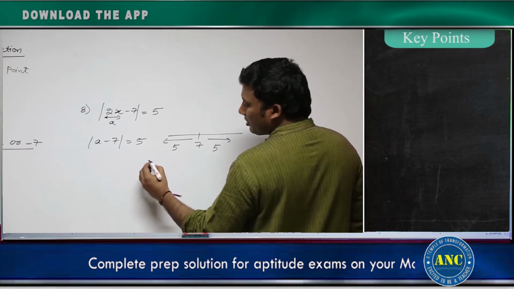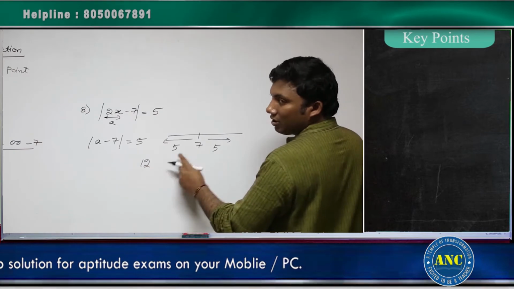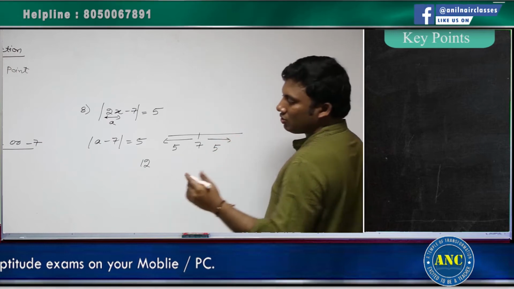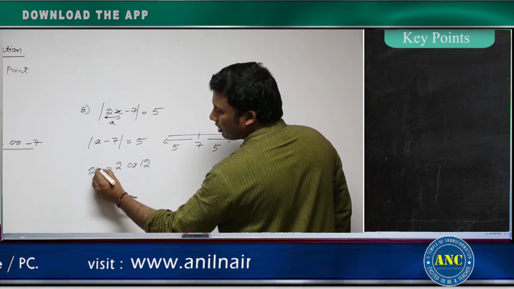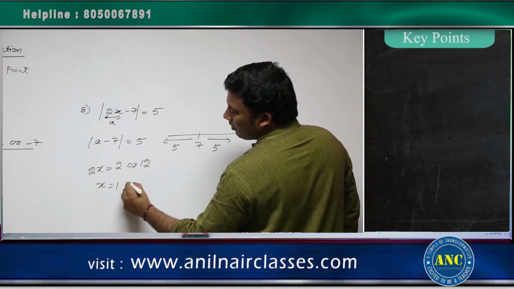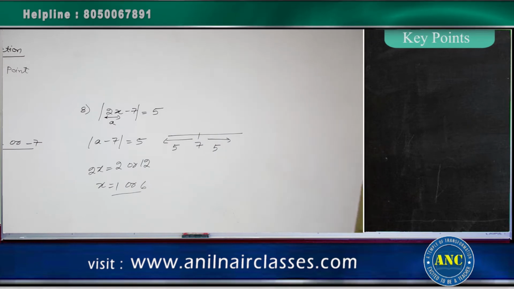If it travels 5 units forward, it is 12. 5 units to the left of 7 is 2. Answer is 2 or 12. That is for 2x. So x value will be 1 or 6.